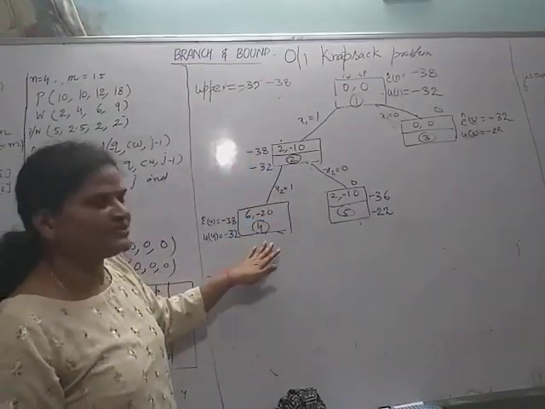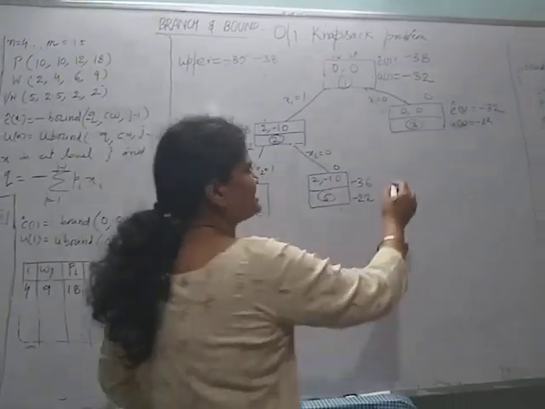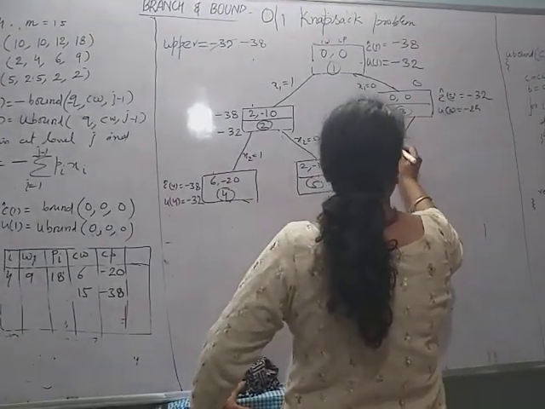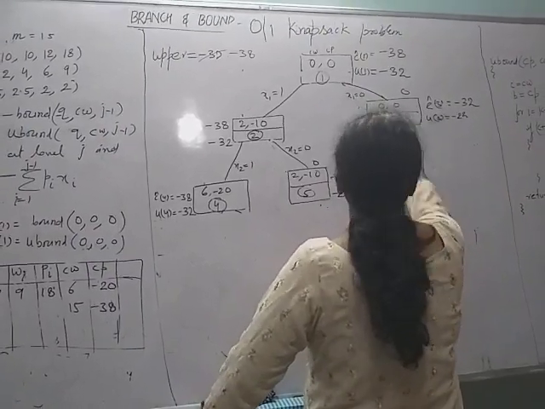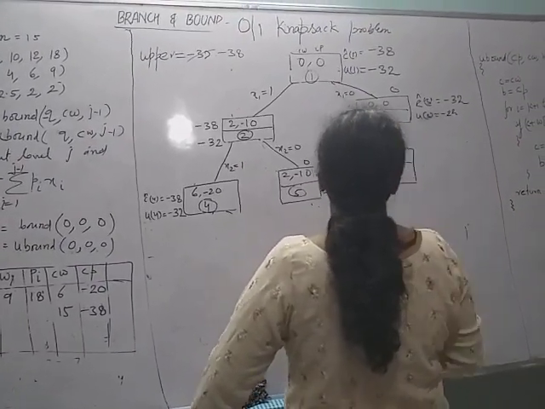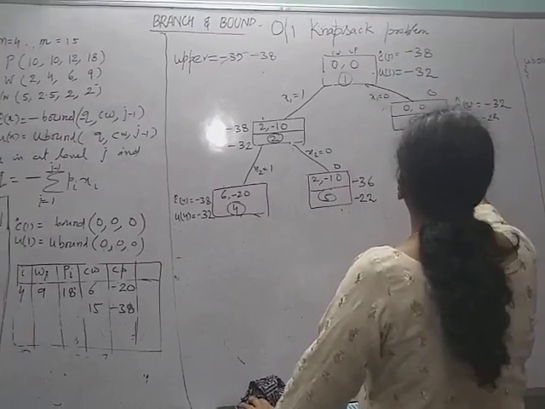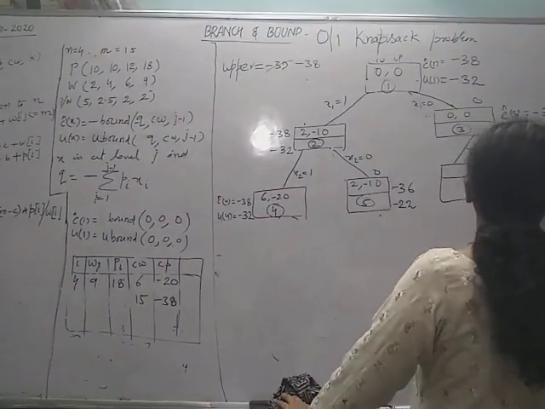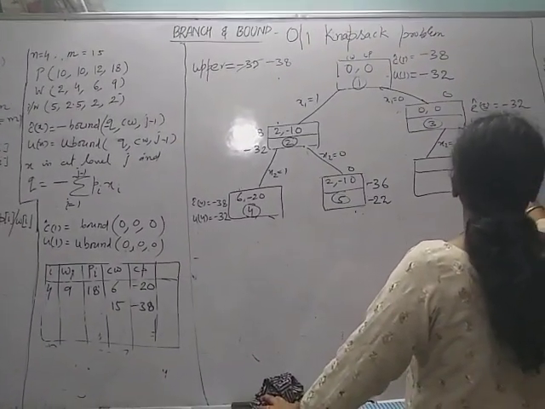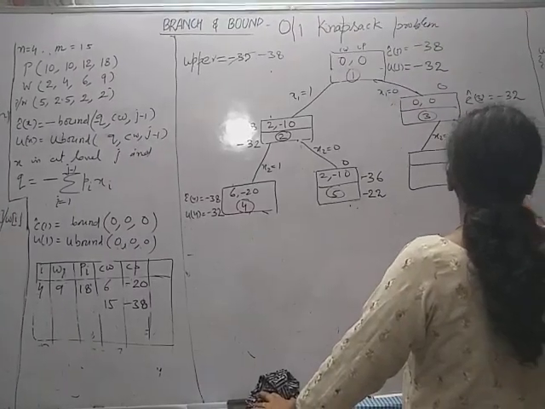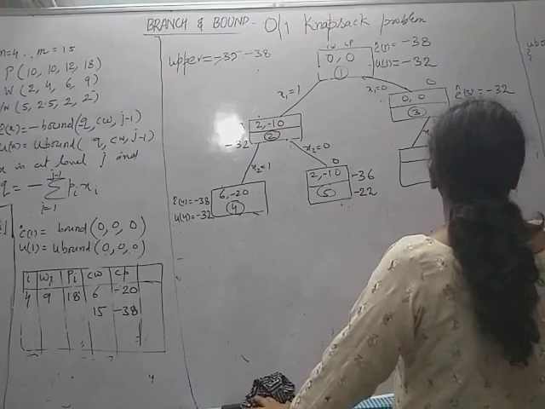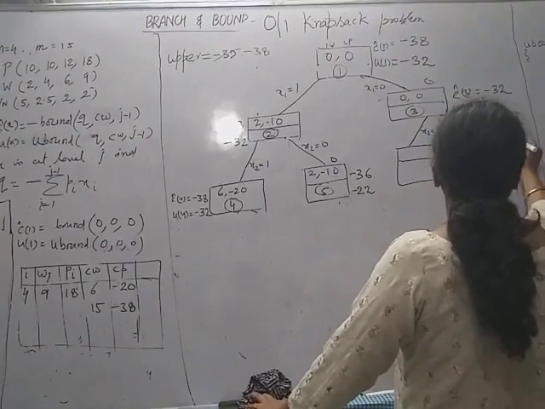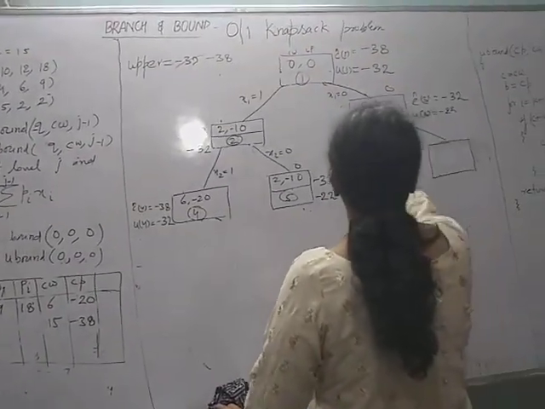So the first live node is expanded first, and then this live node will be expanded, that is X2 equal to 1 and X2 equal to 0.